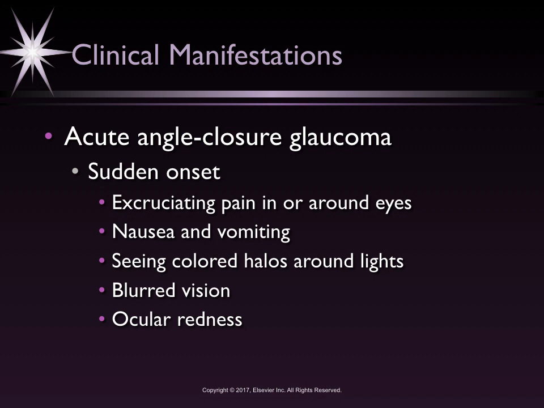So if you remember with the first part of this lecture for chapter 20, I told you that one picture looked like it was glaucoma, that possibly there was a cataract as well, but glaucoma often looks like that as well. And in that picture, there was a lot of redness of the eye.